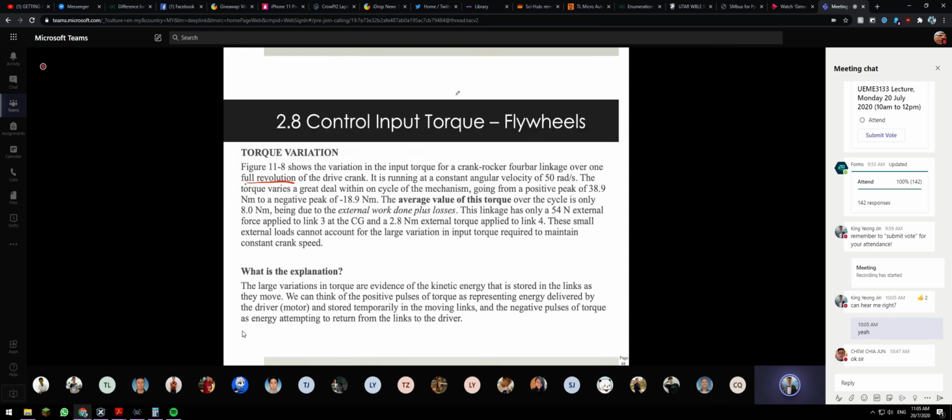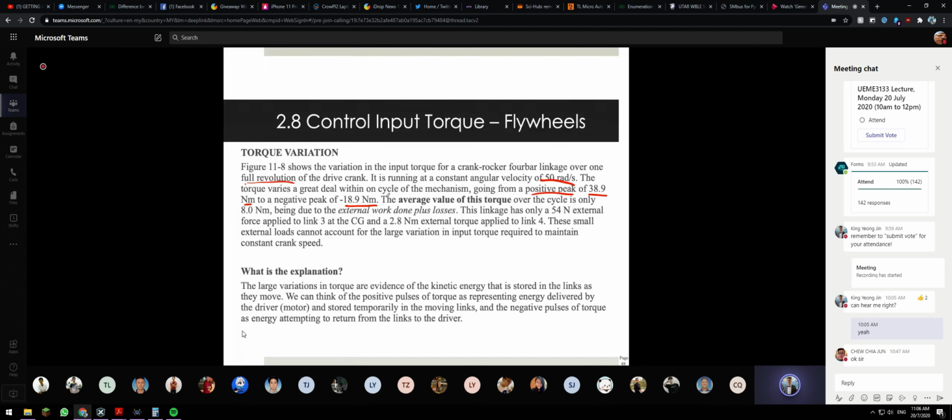In this case, the system runs at a constant angular velocity of 50 radians per second. The torque varies a great deal within one cycle of the mechanism, going from a positive peak of 38.9 Newton meters to a negative peak of 18.9 Newton meters.